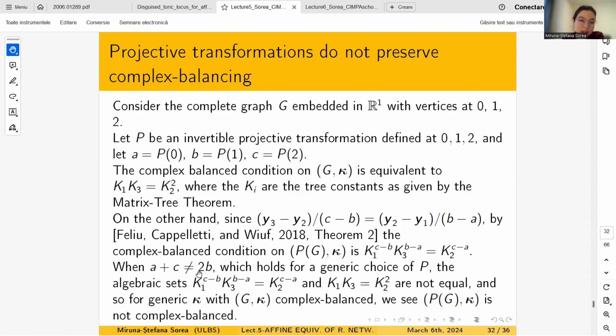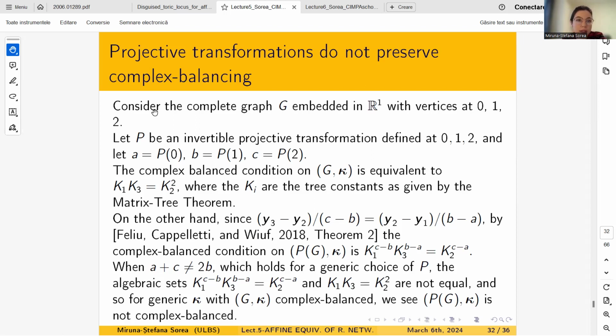When A plus C is different from 2B, which means a generic choice of the projective transformation P given by these real numbers A, B, C, we don't have that equivalence between the toric loci for G and P of G. So in general, for generic rate constants, where G is complex balanced, P of G is not.